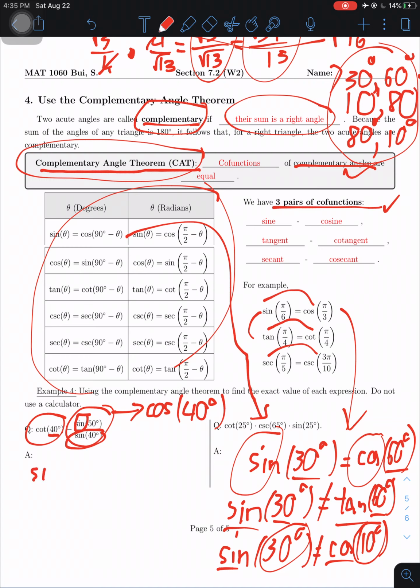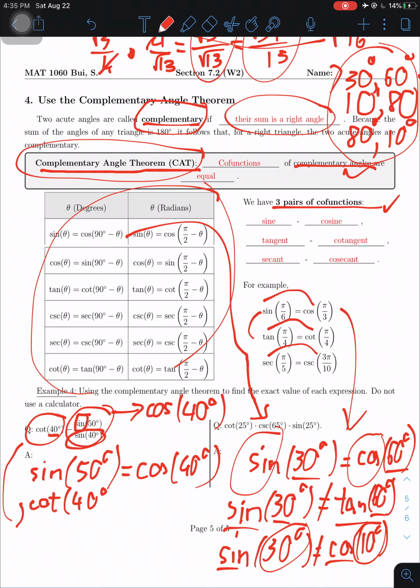So we know that sine of 50 degrees equals cosine of 40 degrees. So this will become cotangent of 40 minus cosine of 40 divided by sine of 40.